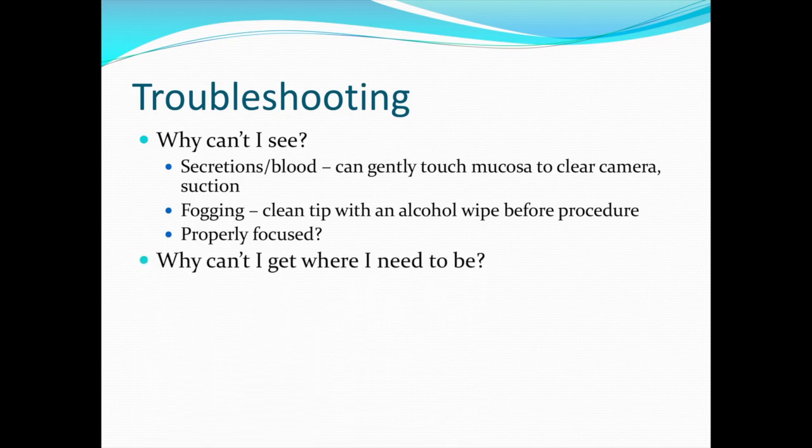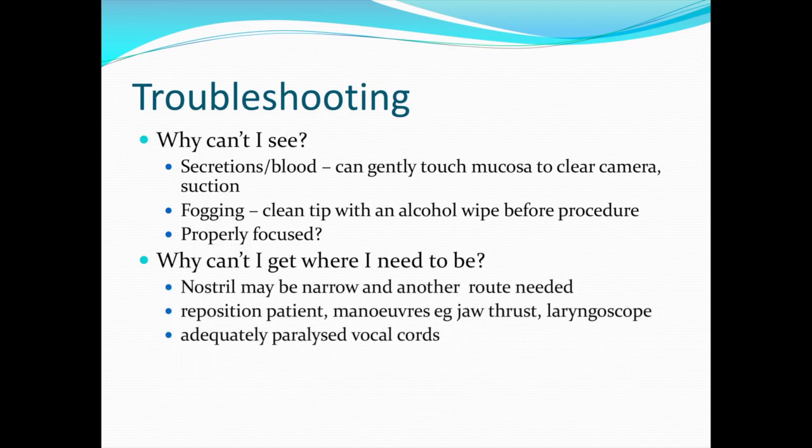Why can't I get where I need to be? If you're doing the flexible bronchoscopy through the nasal passage, you may want to consider using the other nostril or a different route such as the oral route. You may also need to reposition your patient and do some maneuvers such as a jaw thrust or laryngoscopy, but this depends on which route you're going to use in order to do the bronchoscopy.